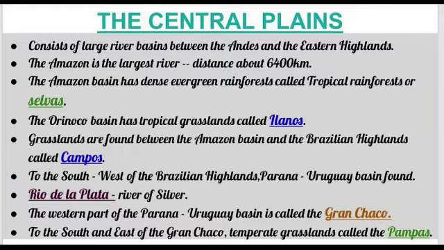So, these are the important facts of the central plain. We can go through these points once again. The first one, this central plain consists of large river basins between the Andes and the Eastern Highland. And the second, the Amazon is the largest river that flows through this basin, about 6,400 kilometers long.